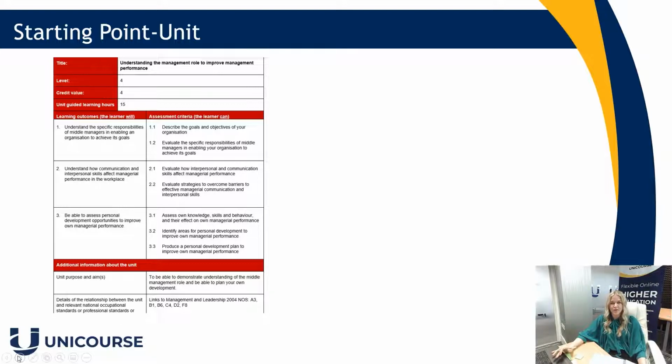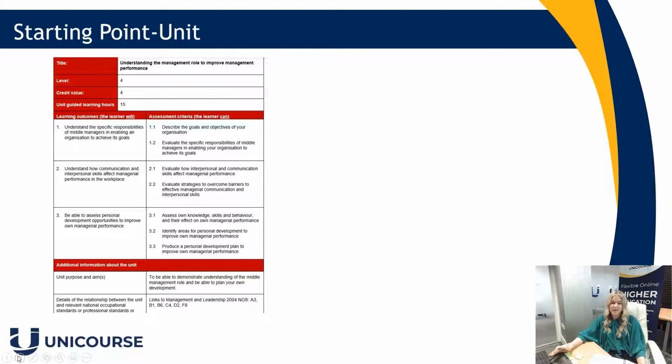Now this is important for any unit. It's the first thing that you do. You should open the unit specification and break down what the learning outcomes are and what the assessment criteria is. The assessment criteria is obviously the questions that you need to answer in order to complete all of the sufficiency descriptors within the marking sheet.